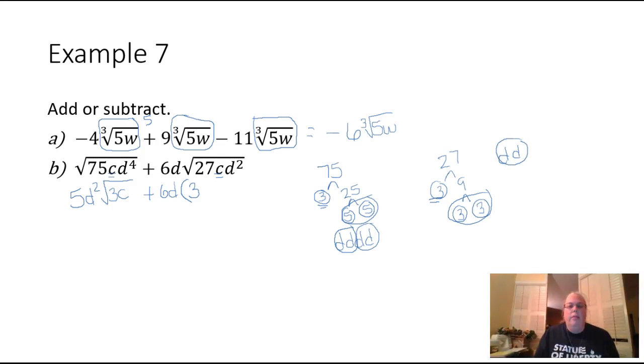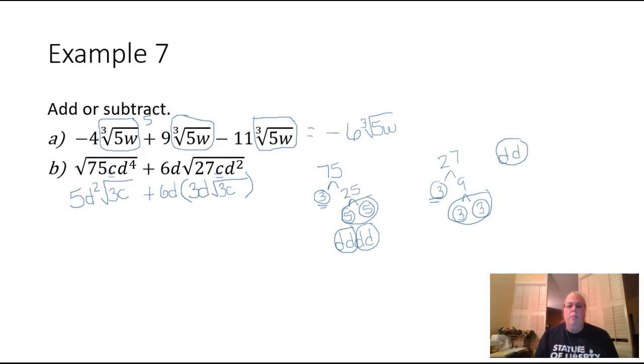This is a pair, so I can actually bring a d out in front, and I can put a 1 exponent on there because there was one pair of them. Now let's build our radical. I have left inside this 3 and this c right here, and that's it.